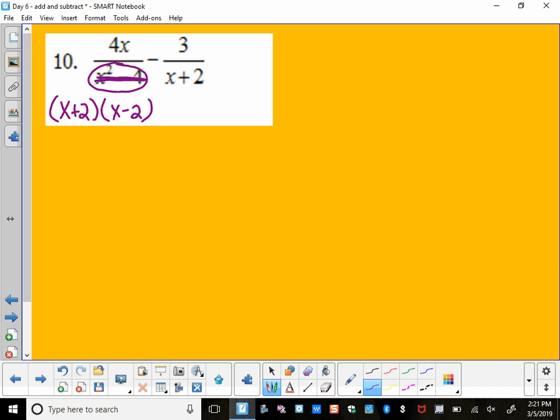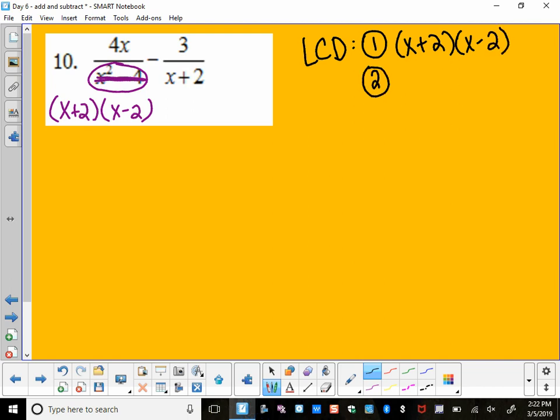Alright, my second denominator is just fine. So in the corner, I write my LCD. My denominator of the first fraction is x plus 2 times x minus 2. And of the second fraction, it is x plus 2.